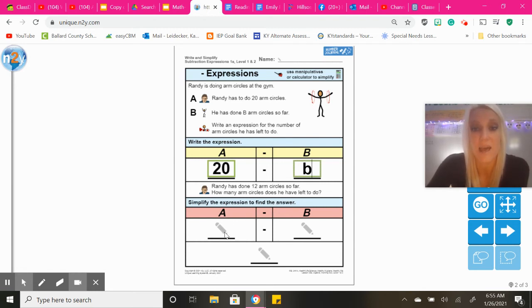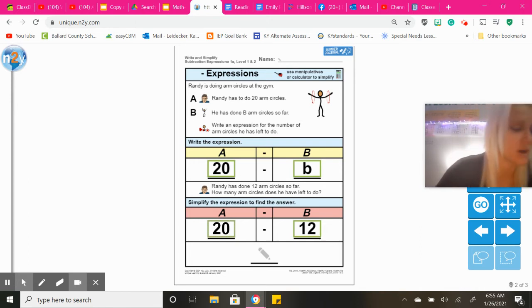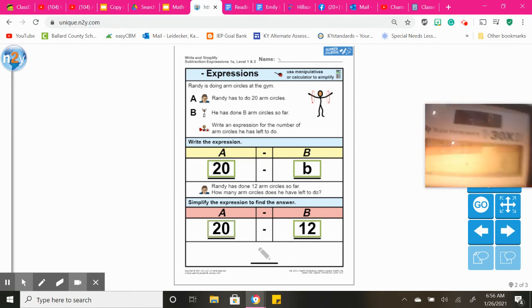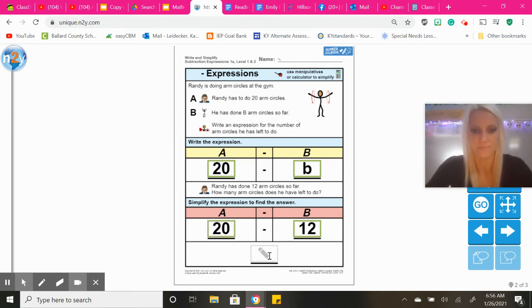So B now is 12. Out of the 20, he's already done 12. So we're trying to figure out how many Randy has left to do. So 20 minus 12 is 8. Okay. You do the second one.